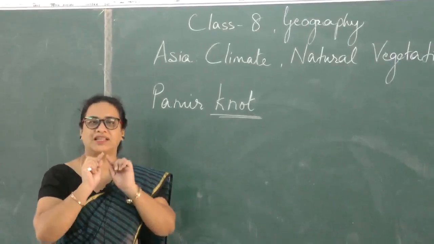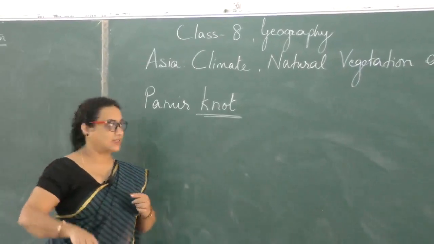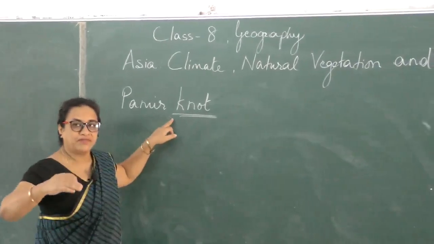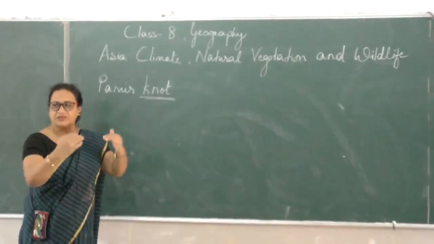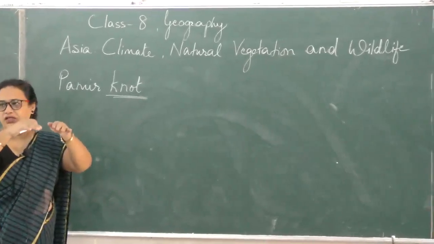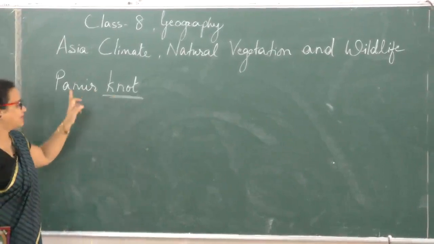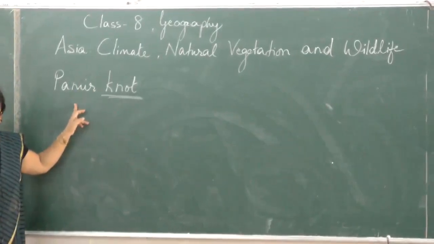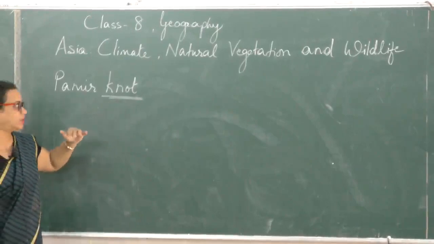And that knot is a little bit raised portion. Understand? So, just like that, when several mountain ranges meet at a point, converge at a point, that portion is a little higher in altitude. That is called a knot. Clear? Pamir is the name of a place, and at Pamir there are several mountain ranges converging. Note it down.